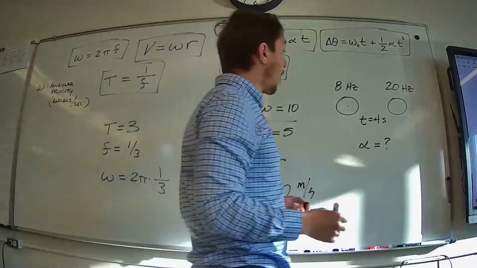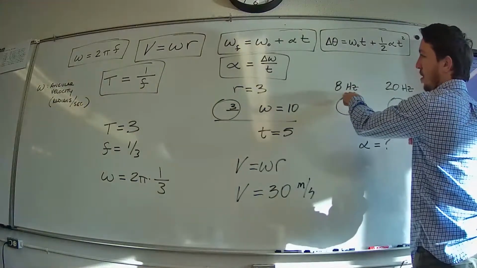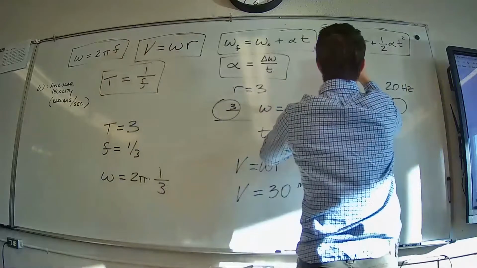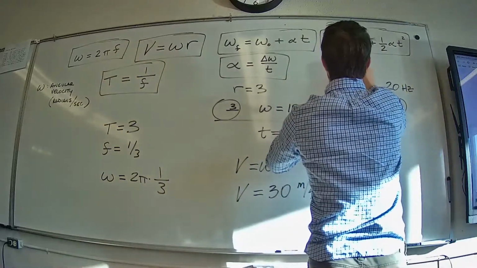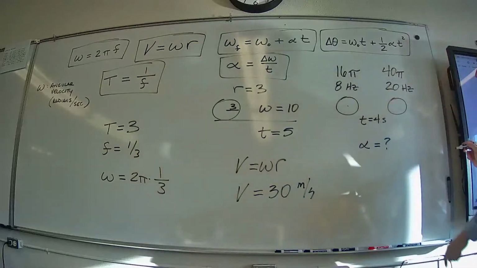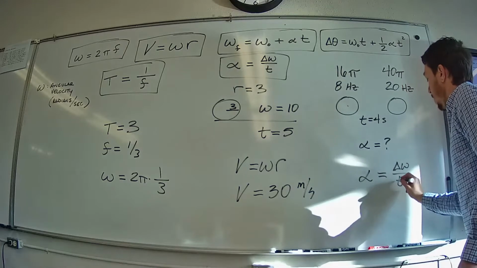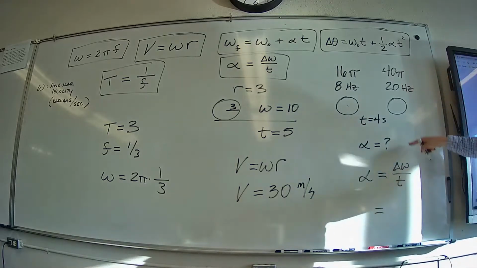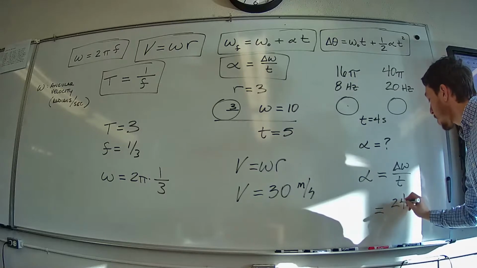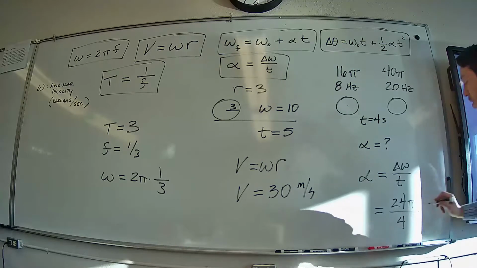So what's this omega? 2 pi times 8, so we're starting at 16 pi. We ended going 40 pi. So that means my change in omega was 24 pi, and the time period was 4 seconds.